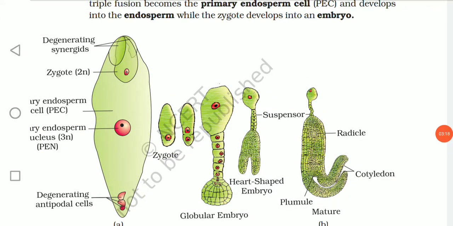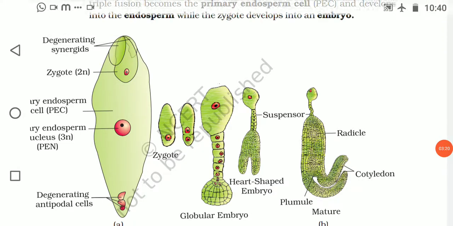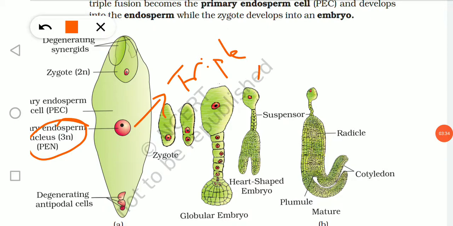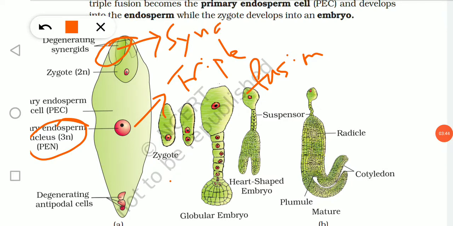The micropyle end is usually drawn on the lower side. In the micropyle end, as the male gamete joins the egg and forms the zygote, this is known as syngamy.